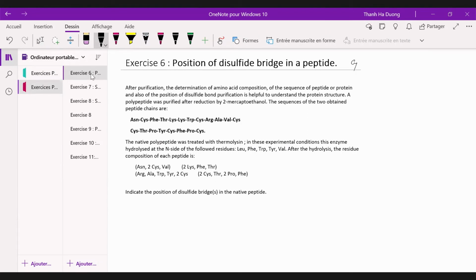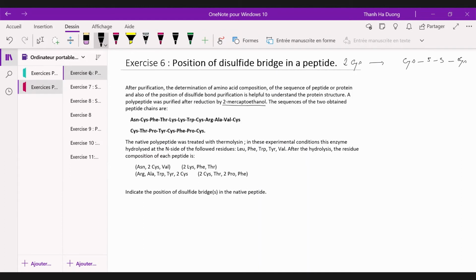It's when two cysteines react to make a covalent bond between them. This is the disulfide bridge. What is 2-mercaptoethanol? It's a chemical reagent which can break the disulfide bridge.